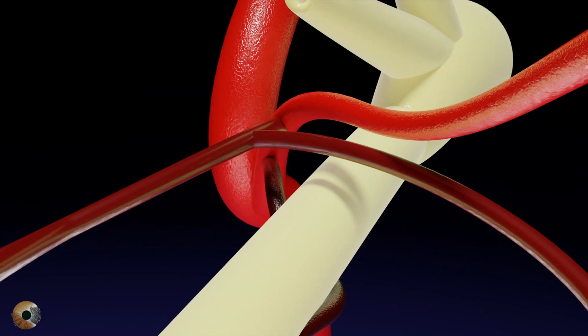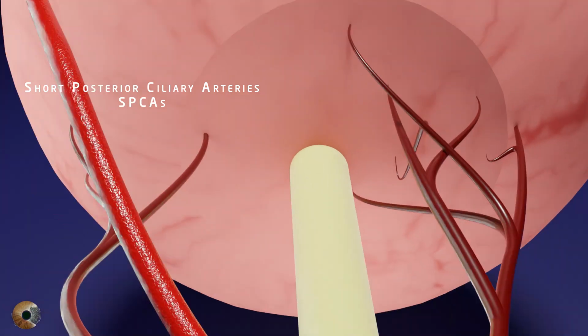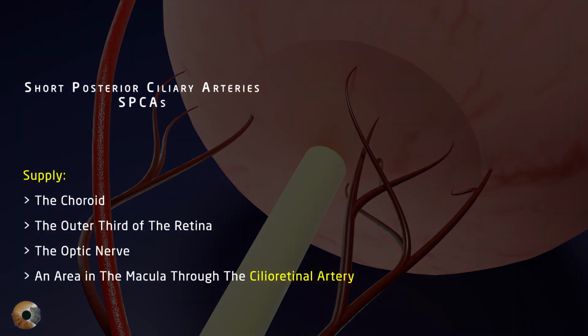The second major ocular branch is the group of the long and short posterior ciliary arteries. The short posterior ciliary arteries are usually 6 to 12 in number. They pierce the sclera around the optic nerve. They form the choroidal circulation, supplying the outer third of the retina and the optic nerve.